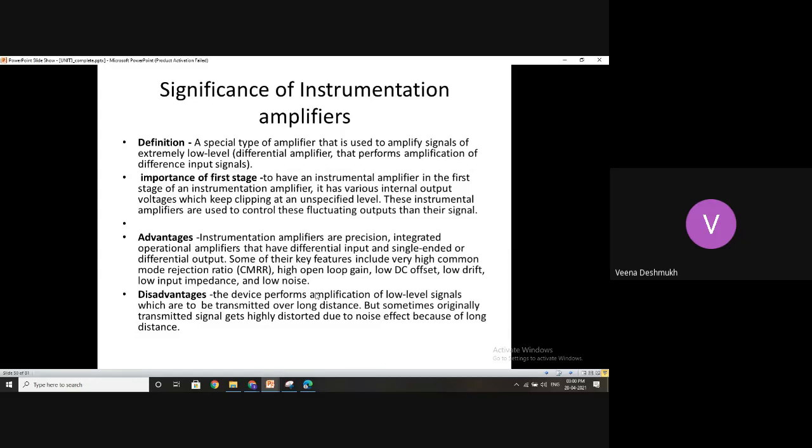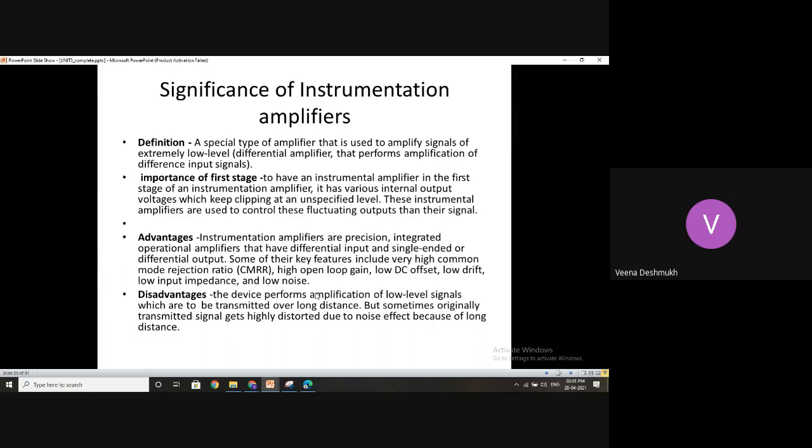So in the first stage, when you are using an instrumentation amplifier, first, it is designed to amplify very low level signals or very weak signals. So the op amp is sufficient to improve the signal strength or amplify it to the required level.